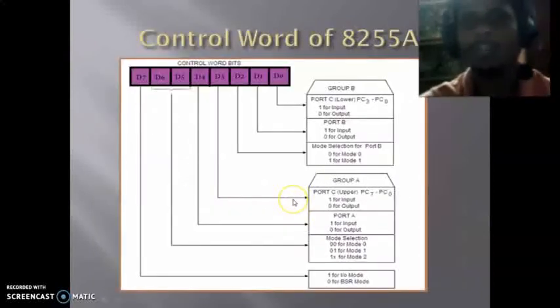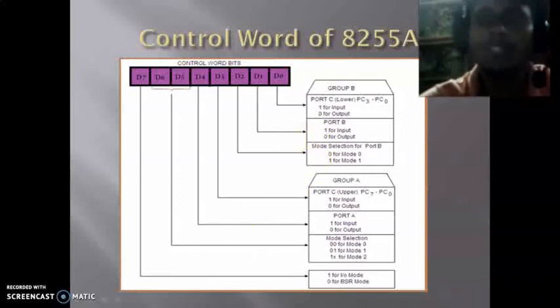Next we will try to understand the control word of 8255A. Now I already discussed the D7 bit. Basically this selects the input output as well as BSR mode. If it is 1, then that will be input output mode, and if it is 0, then that will be BSR mode. Now D0 gives us the status of port C, whether it is used as input or output.